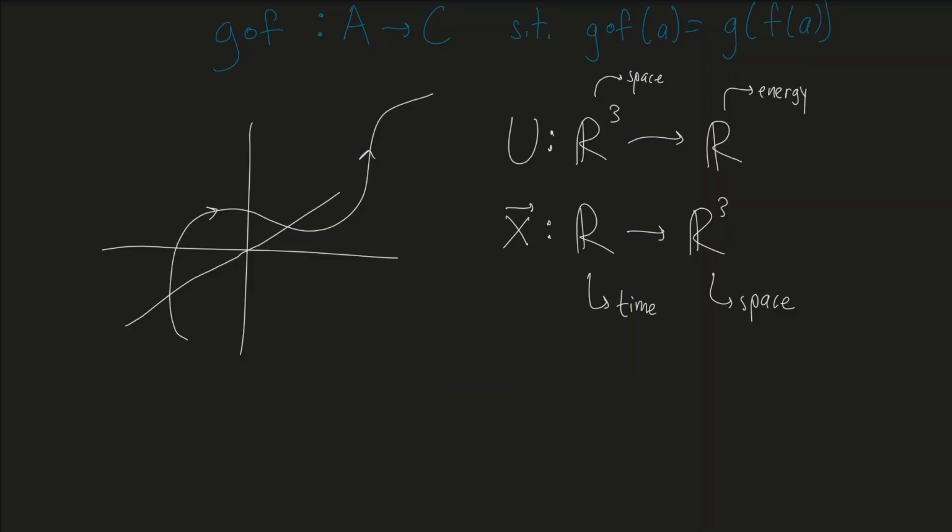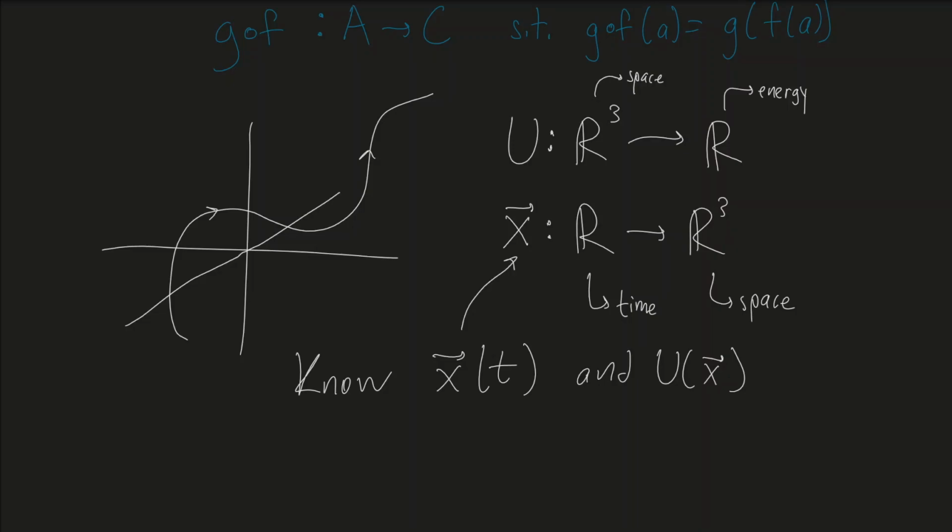Okay, well, how do we get the potential energy as a function of time? Well, let's say we know the trajectory of the particle. We know how its position changes over time. So we know, let's call it x of t, which is really this function, and we know the potential energy function, so the potential energy at each point in space.